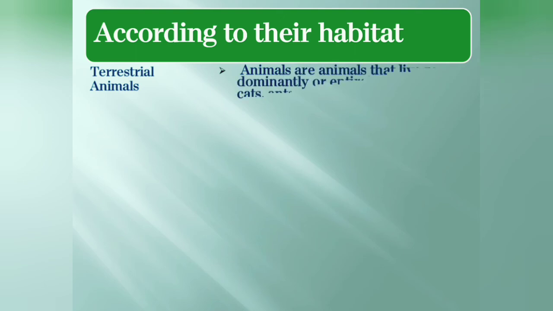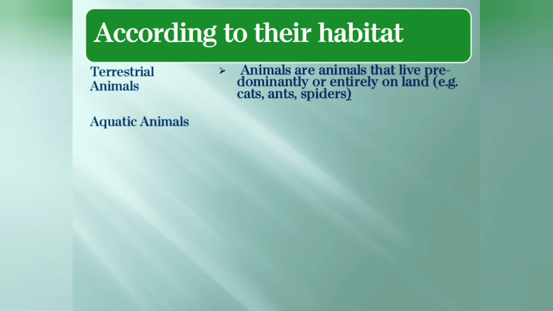Now, the next one, according to their habitat. The first one is terrestrial animals. These are animals that live predominantly or entirely on land, for example cat, ant, spider. Okay, these are the terrestrial animals.